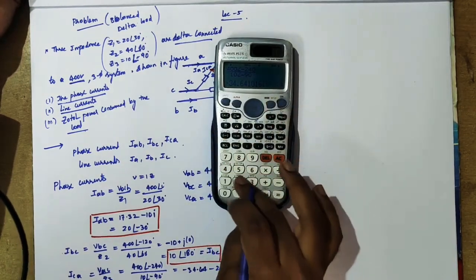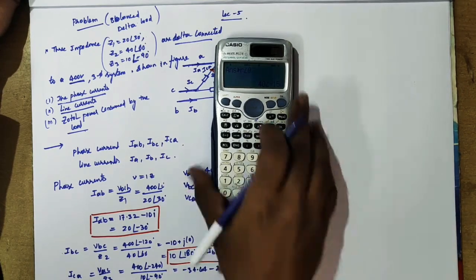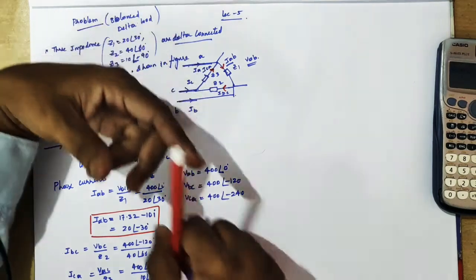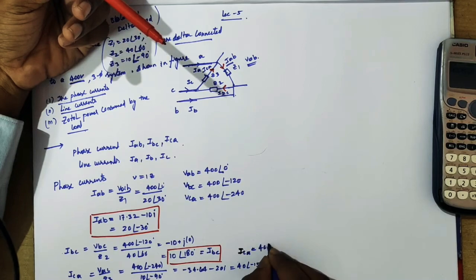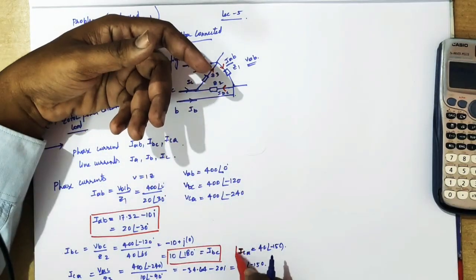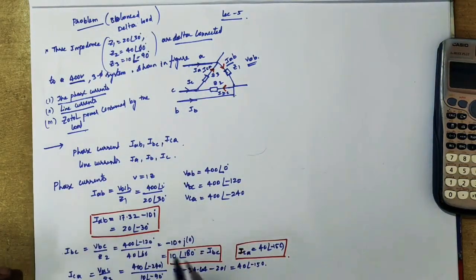Converting to polar form, we obtain 40 at an angle of minus 150 degrees. So ICA equals 40 at an angle of minus 150 degrees. This is phase current ICA. Now we have obtained the phase currents IAB, IBC, and ICA.